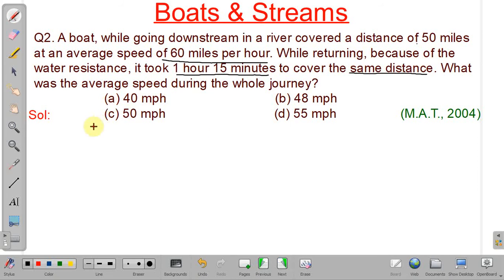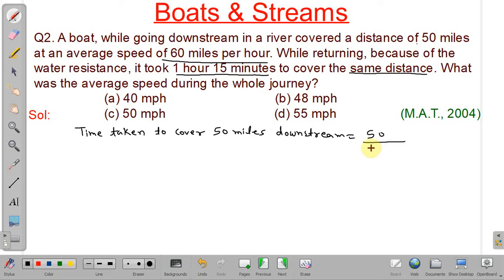So first we need to calculate the downstream time. Okay. So time taken in downstream, distance covered is 50 miles. So time taken to cover 50 miles downstream will be 50 divided by speed, which is given as 60 miles per hour, 60 mph. Okay. So when we divide it will be 5 by 6 hour.